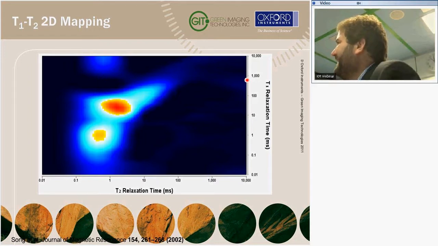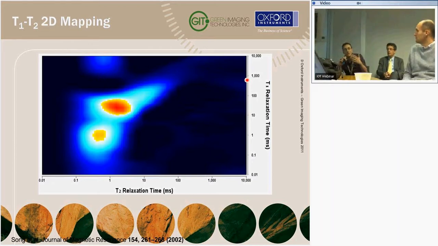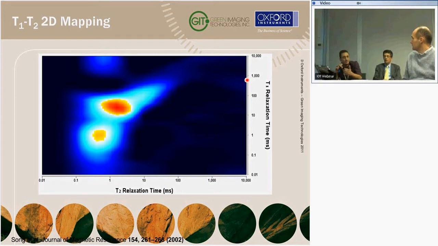Yeah, because sometimes for a logging tool, the first problem is to polarize the gas, because we do not have so much time to wait for the hydrogen to follow the magnetic field. The other problem is that the gas will lower the signal.